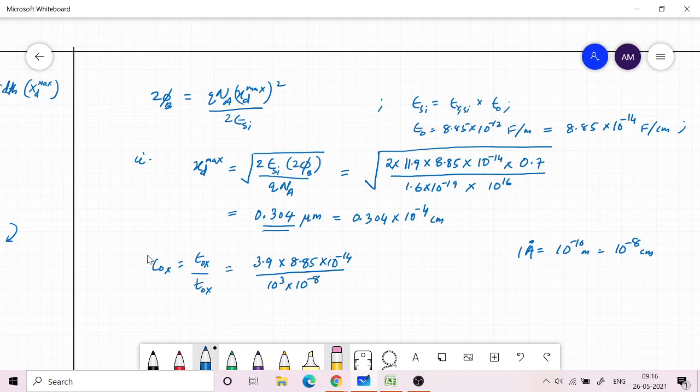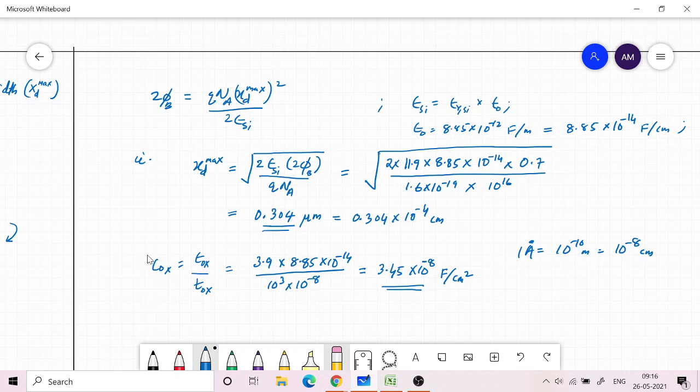If I evaluate this, we will get 3.45 into 10 raised to minus 8 farad per centimeter square. Normally the unit of capacitance is farad, but here it is capacitance per unit area, therefore this. So we got XD max and we got Cox.